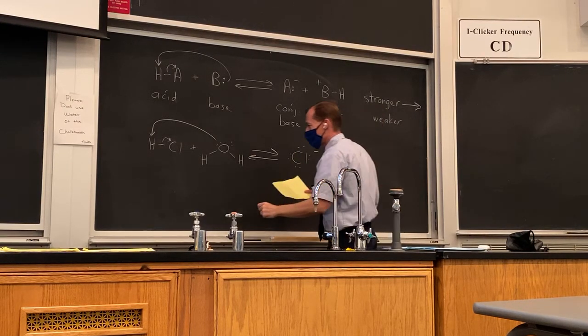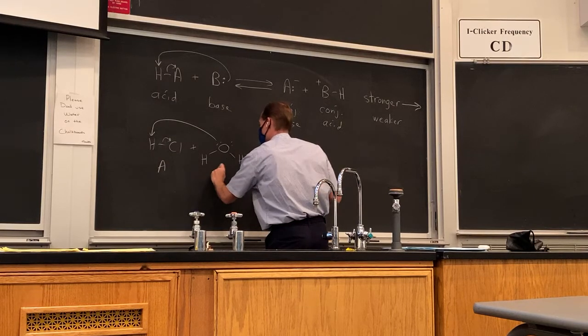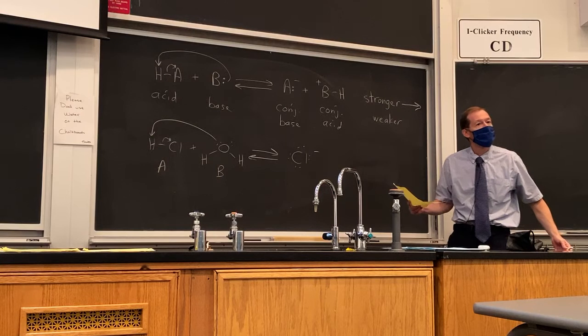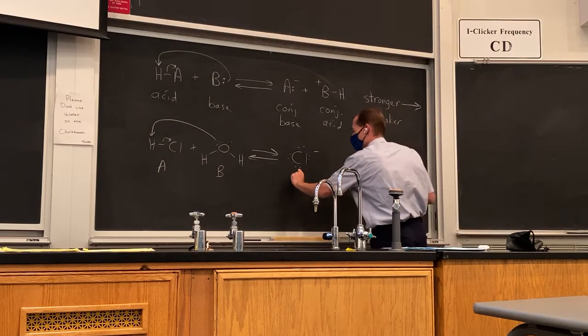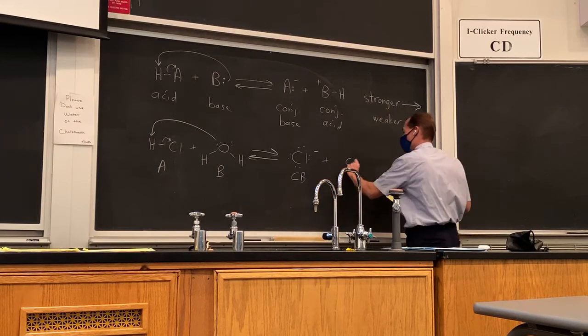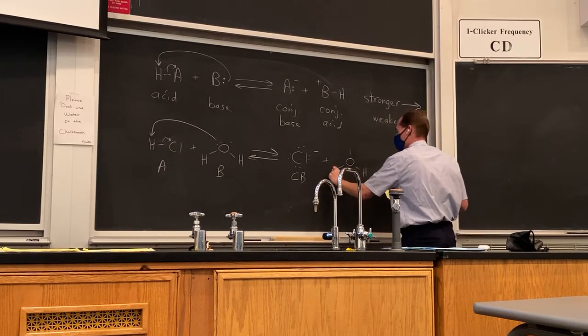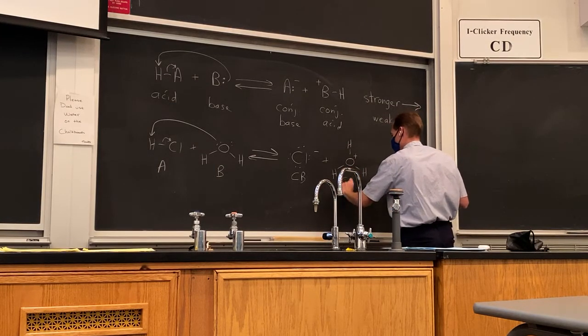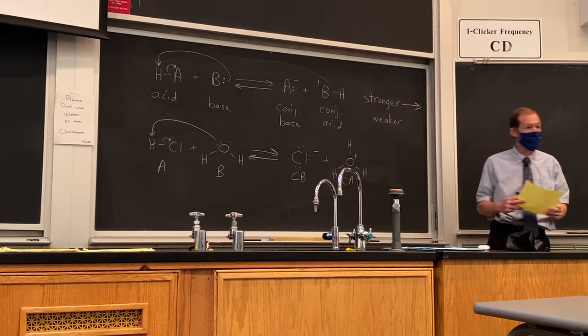Okay. So acid, base. What is chloride in this case? It's our conjugate base, right? And then we have hydronium ion, or H3O plus, and that is our conjugate acid.